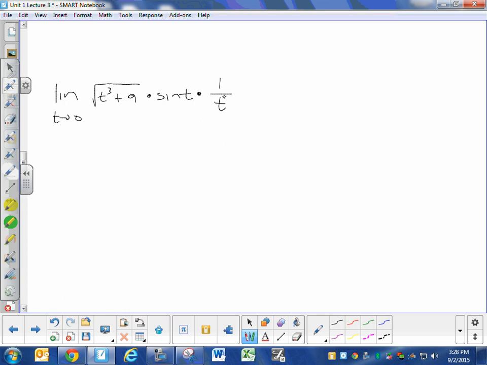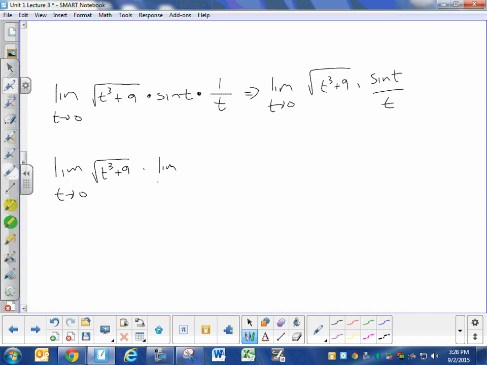Okay, so what I'm going to do is just rewrite this. And I'll say, okay, well, why don't I just move the t underneath the sine t, and then why don't I take the limits of the left piece and multiply by the limit of the piece on the right.